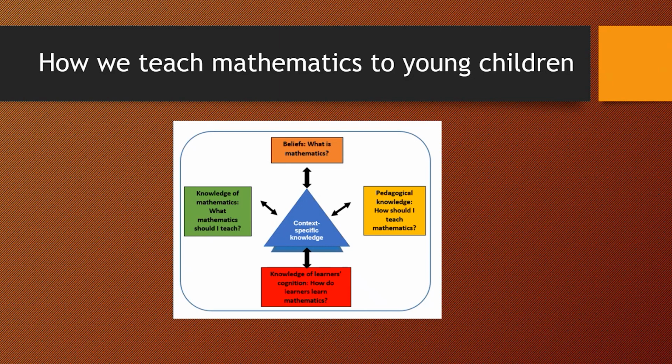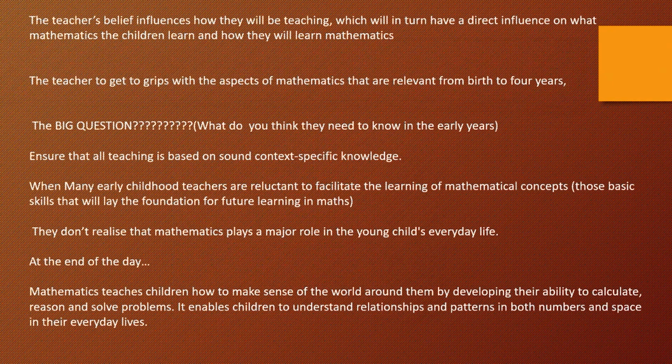Don't teach it in a manner that works for you, but it should rather be focused on how learners or young children absorb or understand mathematics, and that is the manner that you're going to use in teaching mathematics. You also need to have a knowledge of mathematics. You need to know what mathematics is, what mathematics should you teach to young children.